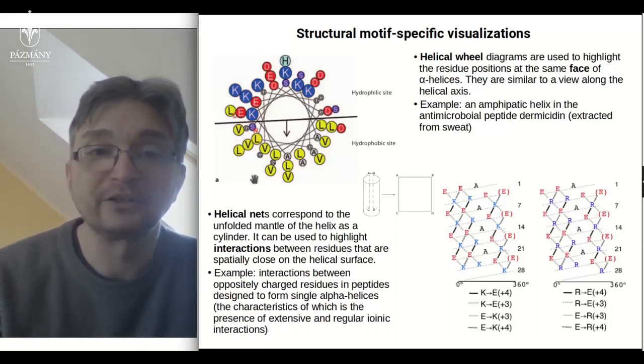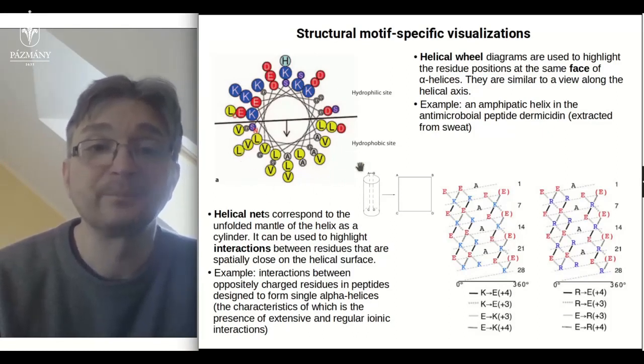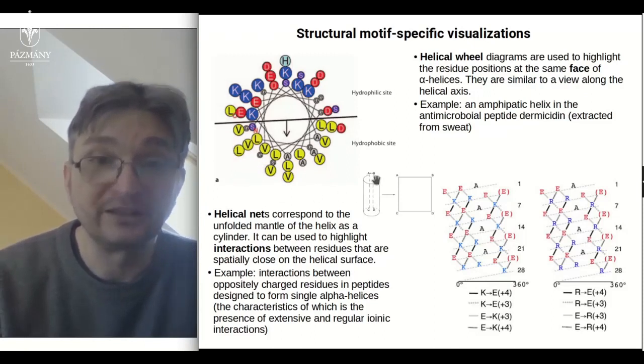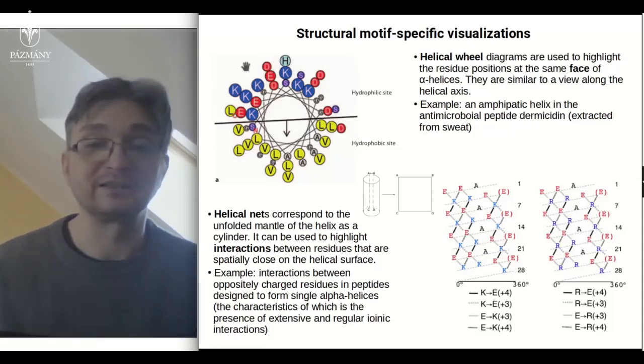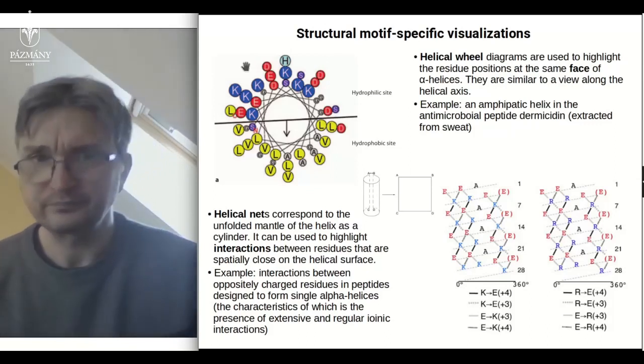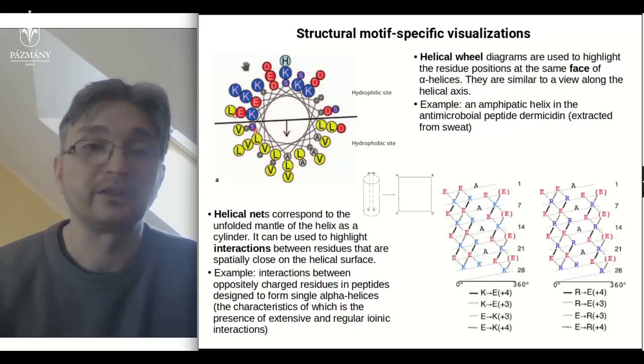Here a so-called amphipathic helix is depicted. You can see that one side of the helix contains hydrophobic residues, and the other face of the helix displays primarily hydrophilic residues like lysines and glutamic acid. This is common in some antibacterial or antimicrobial peptides.